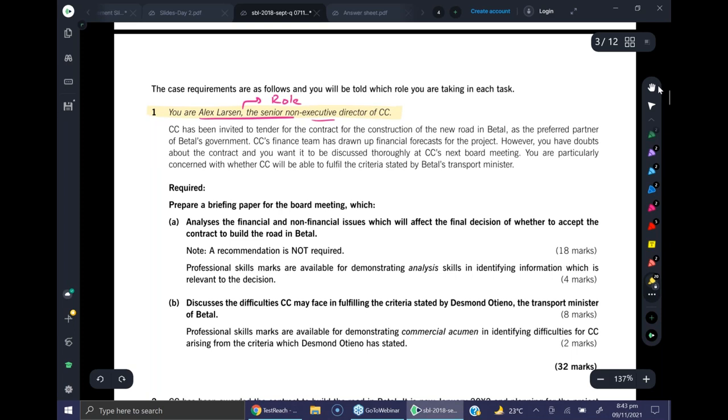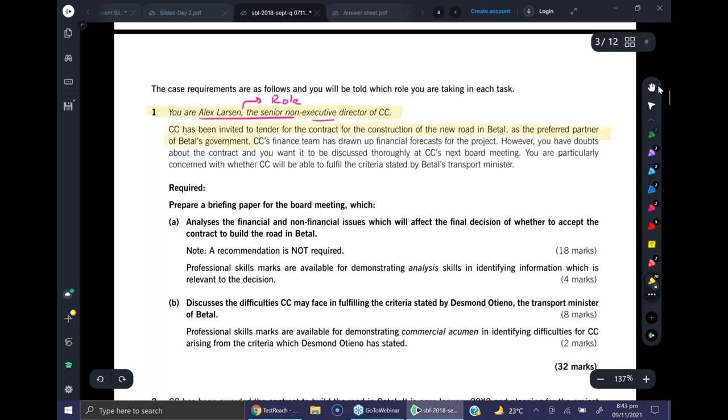And it is always that you are given a strategic level role where you will have to give suggestions, write reports, etc. CC has been invited to tender for the contract of the construction of the new road in Beetle as the preferred partner of Beetle's government.